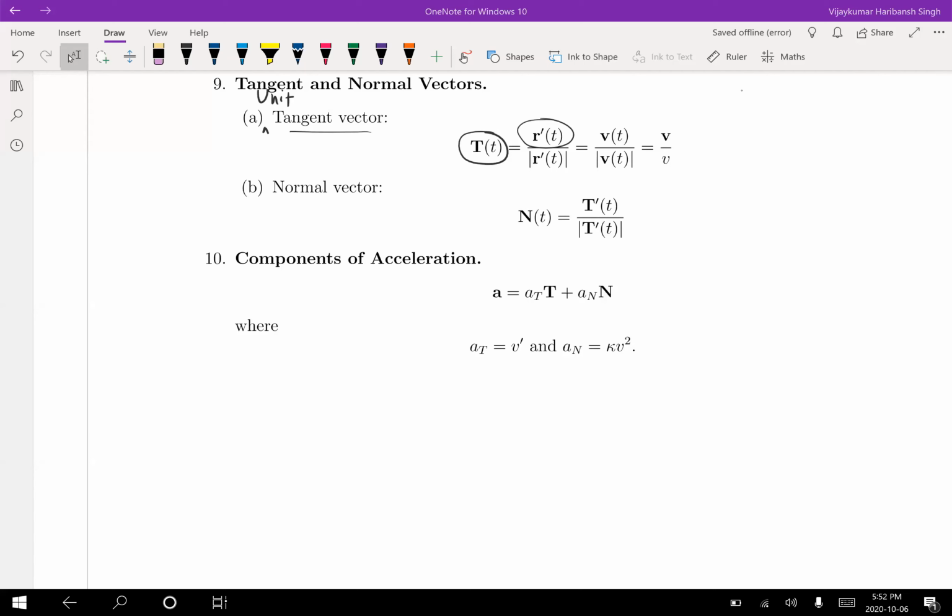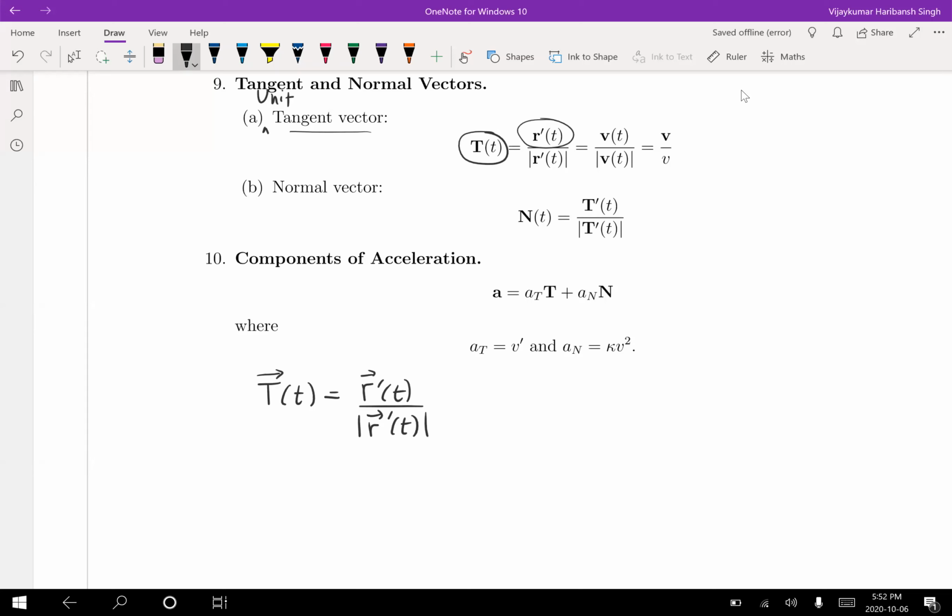So now let's compute this. Suppose we have acceleration a. In that case, we want to find out the tangential and the normal component. First of all, the unit tangent vector is essentially r prime of t divided by the length of r prime of t.